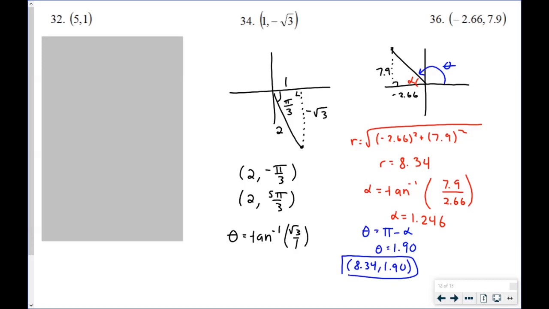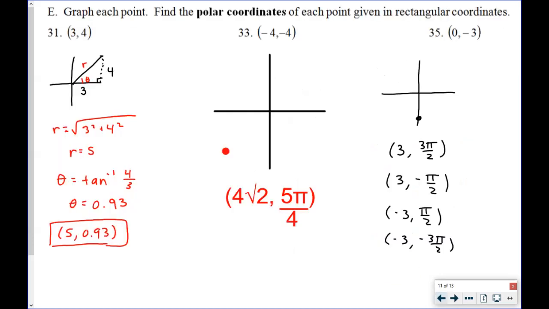Yeah, give me 1 second. What's up? Oh, yeah, David, what's up? For number 33, for theta, how do we get 5 pi over 4 without any calculations? Like I know it's in the unit circle, but I do not know how we got that. Okay, so negative 4, negative 4. That creates a 45, 45, 90 triangle, right?